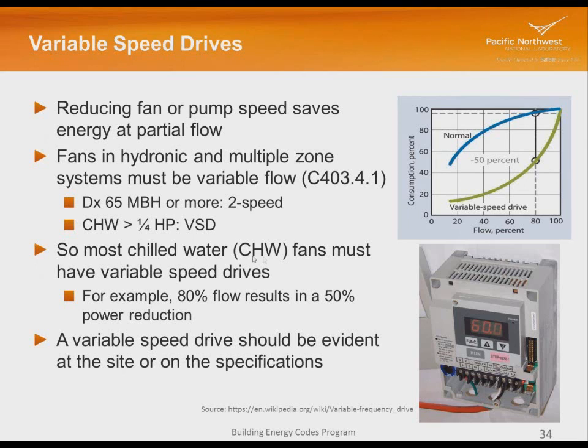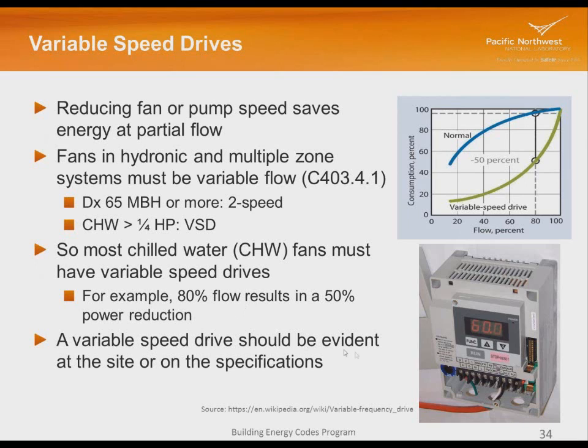So most chilled water system fans, if the cooling is by chilled water, must have variable speed drives. And we talked about the potential savings here. If we can vary the speed, we get a huge savings in energy. Most units don't need to run at full speed, except for those very hot design days on the cooling side, or we may need a little boost in airspeed at the peak heating condition.